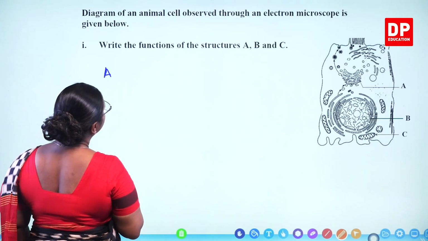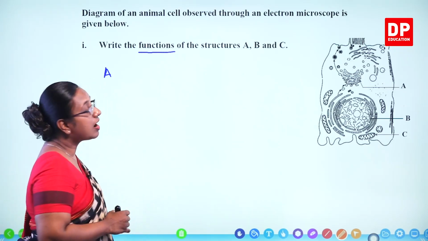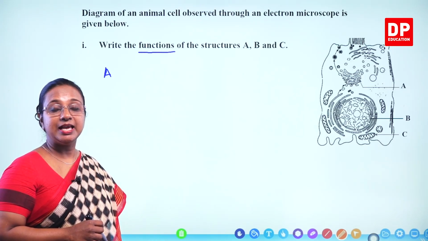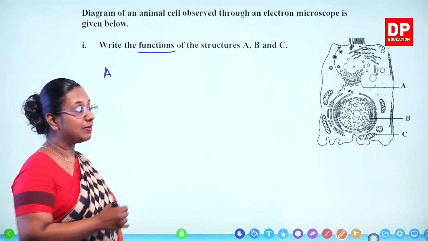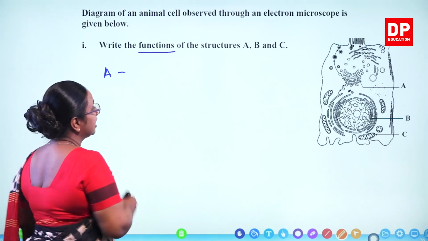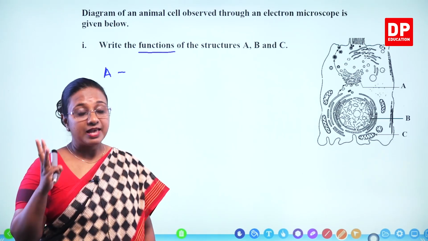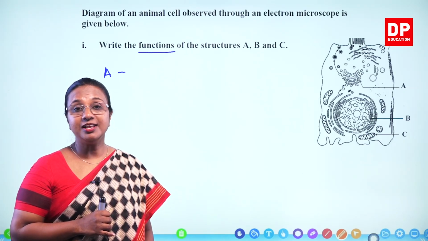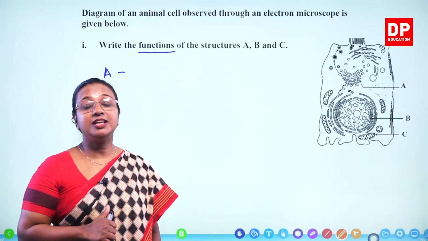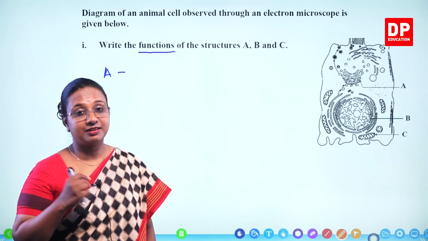So, I will write A here, but here they have only asked for the functions of structures A, B and C. So, you don't have to write the name Golgi complex, but you have to say the function of a Golgi complex. There are 3 functions. I am sure you know them very well. Production of secretory substances, packing and secretion.